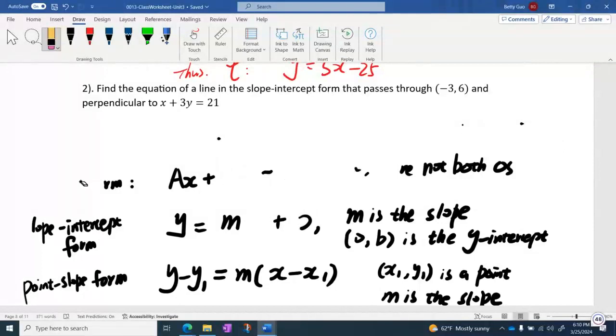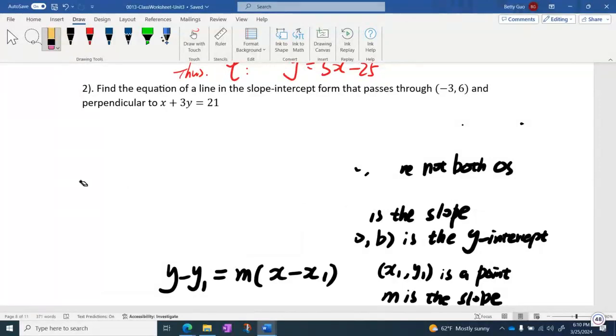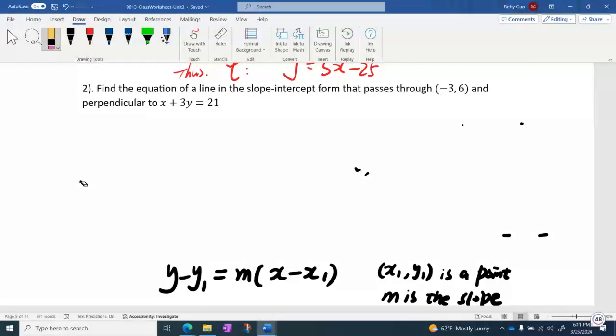Okay, let's take time to solve this problem. Our goal here is to find the equation of a straight line in the slope-intercept form. We are going to find line L.